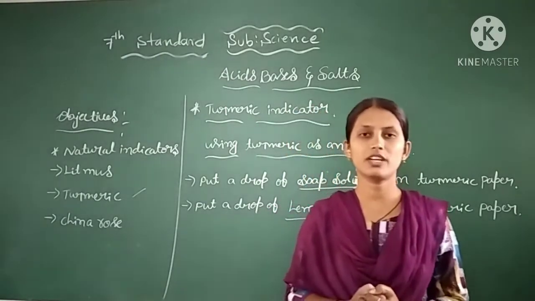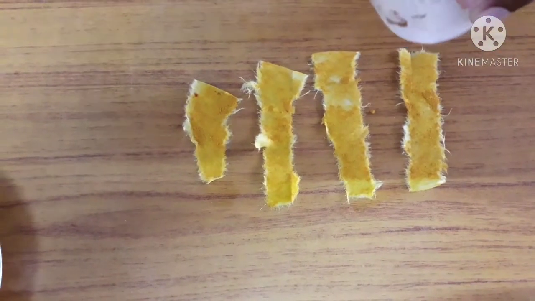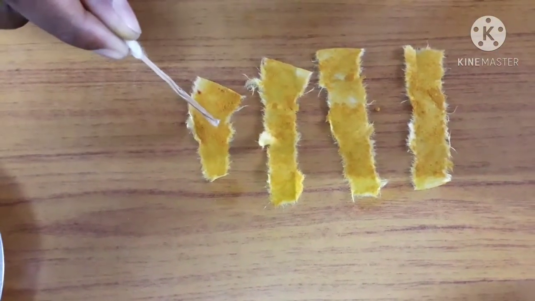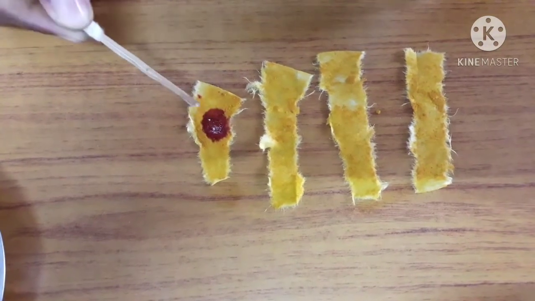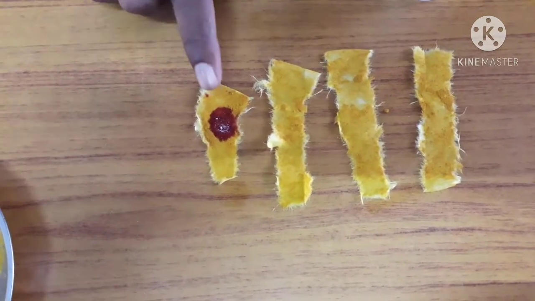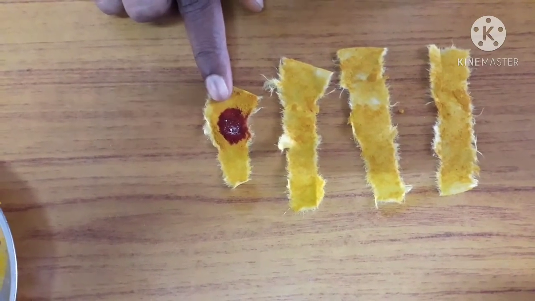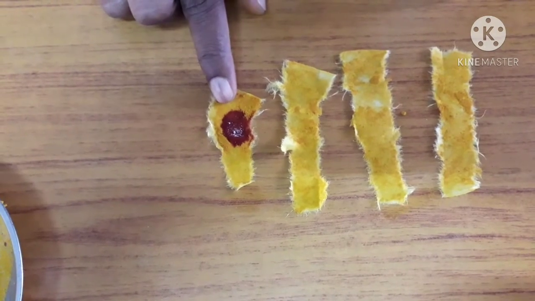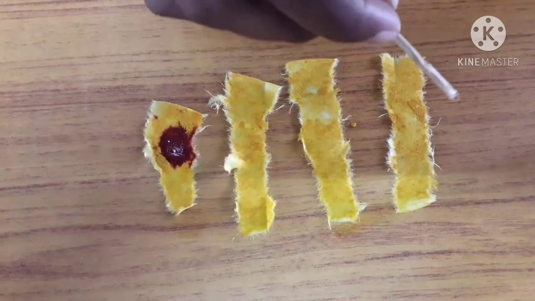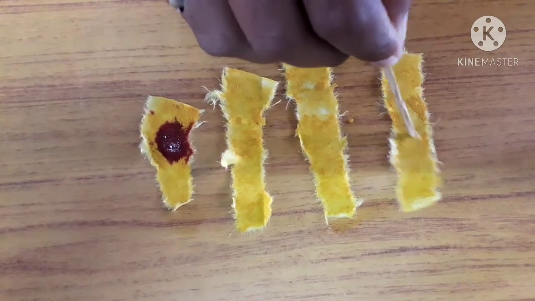Let us now check. I will add 1 drop of the basic solution to this turmeric paper. Yes, look at here. So when I added the basic solution to this turmeric paper, it turns into red color. Now I will add 1 drop of the lemon juice on the turmeric paper.